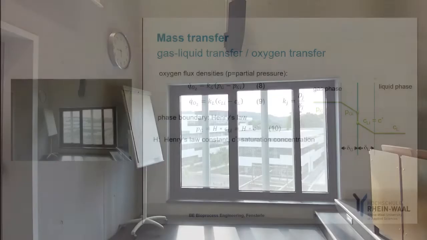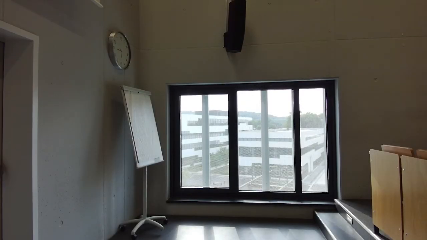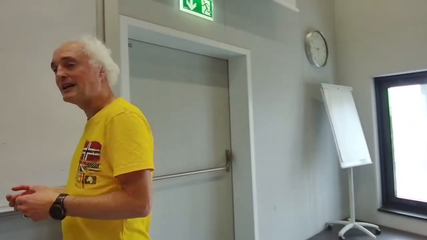If I have a bioreactor which is very small and I observe a small flux, this is also something which would not surprise me too much. So it's reasonable to take the volume of the liquid phase into account. Yeah? So, and this is when we come to the oxygen transfer rate, where we take the volume into consideration.